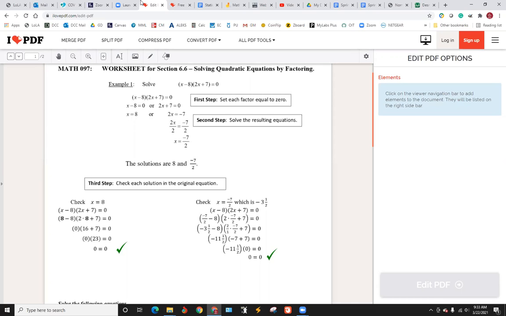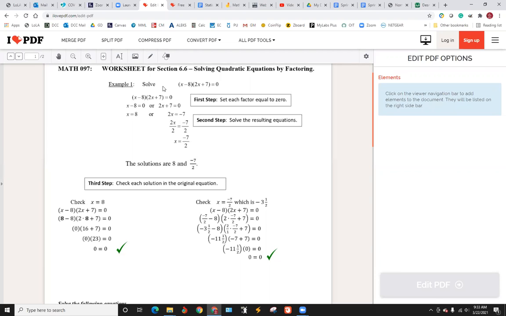Now you have x's also, but the first thing that we look at here, we're kind of working ourselves backwards. This is the most simple case, where we're already set up. And you notice that it says x minus 8 times 2x plus 7.